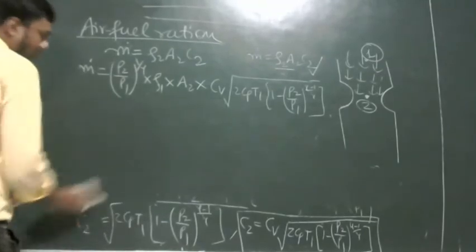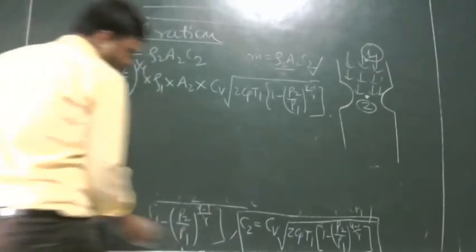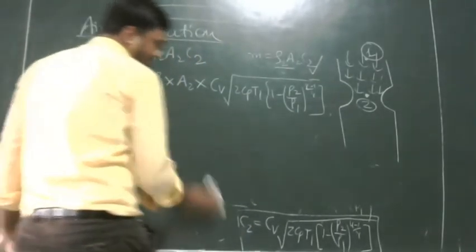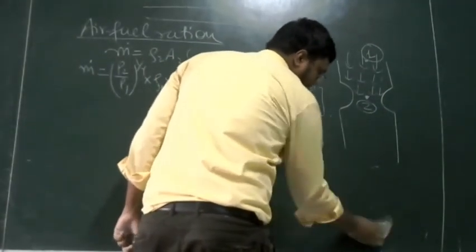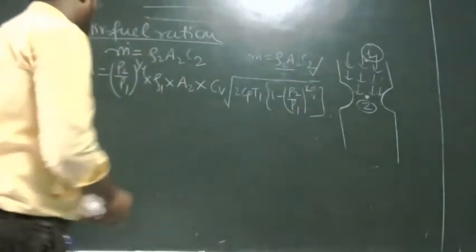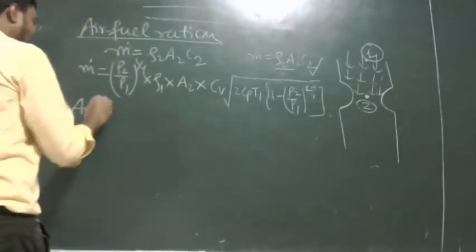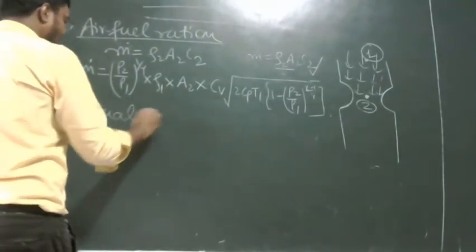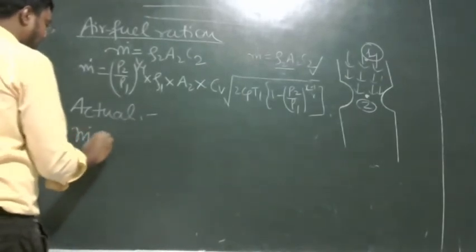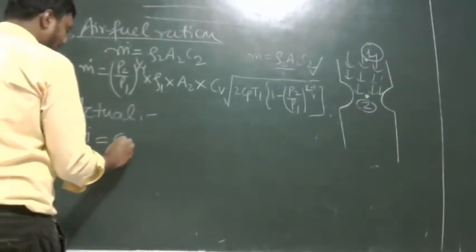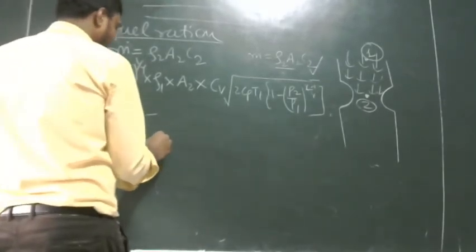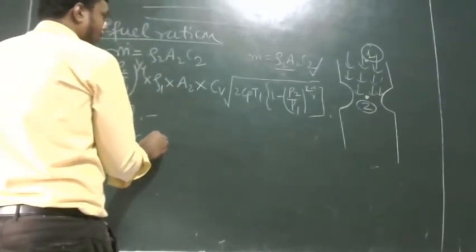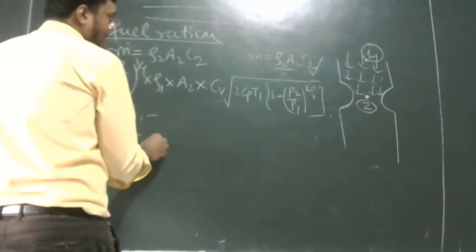Now if we want to calculate the actual mass flow rate, then we have to multiply by the coefficient of discharge CD. Then we get the actual mass flow rate: m dot is equal to CV CD rho 1 A2.